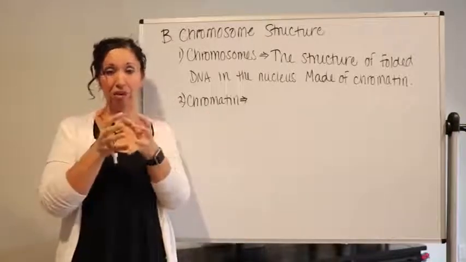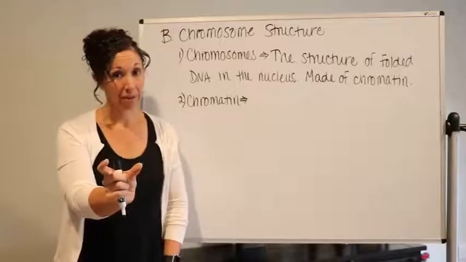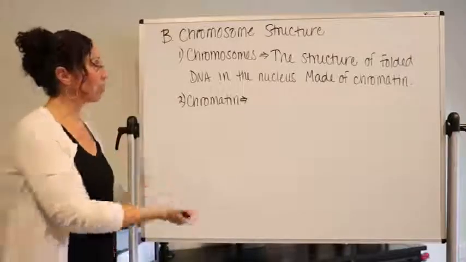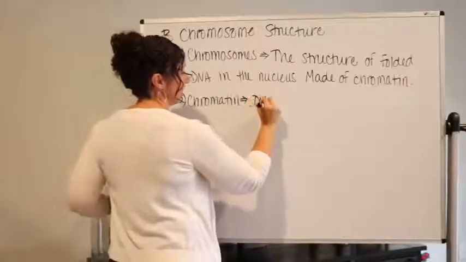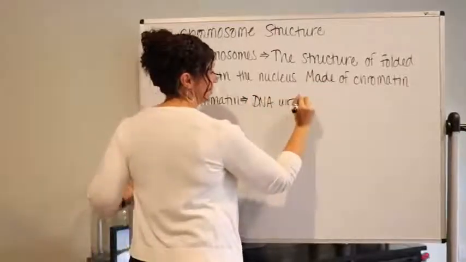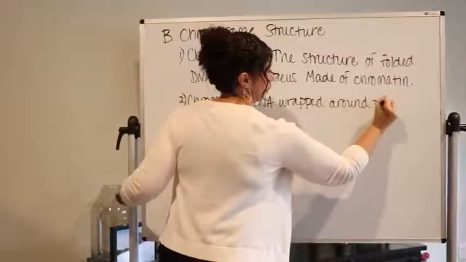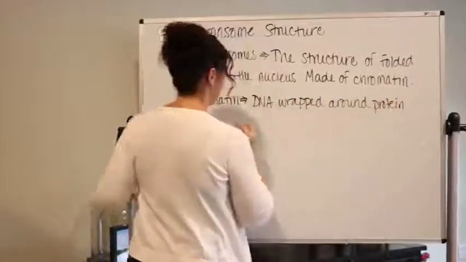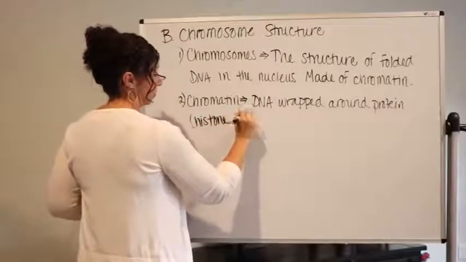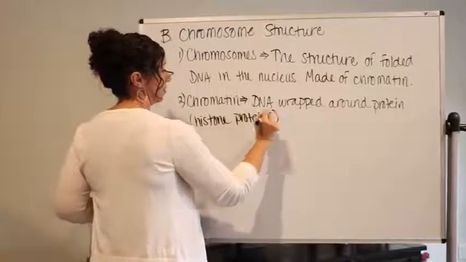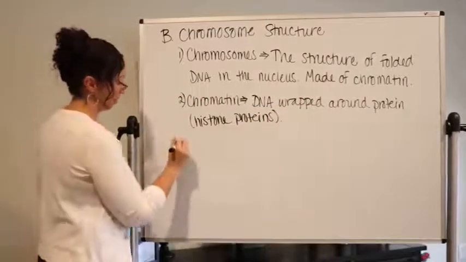You put those two together, a threaded spool, that's called chromatin. Okay? You make a structure out of it, it becomes a chromosome. So chromatin is basically DNA wrapped around protein. And these specialized proteins are called histone proteins. They're fascinating proteins, a big family of proteins.